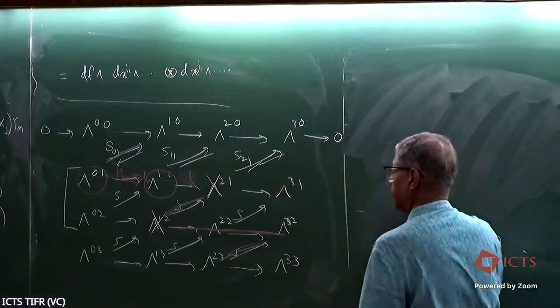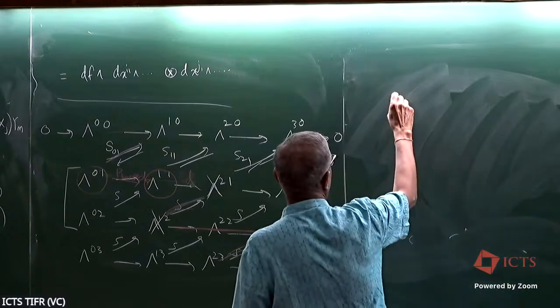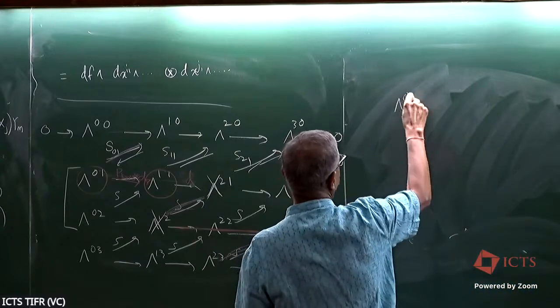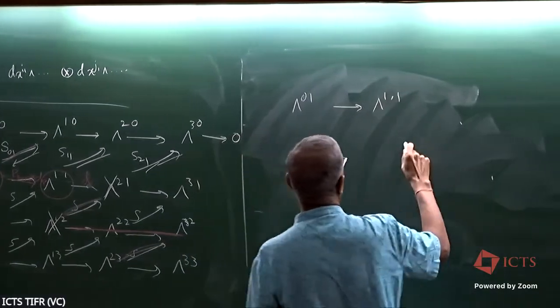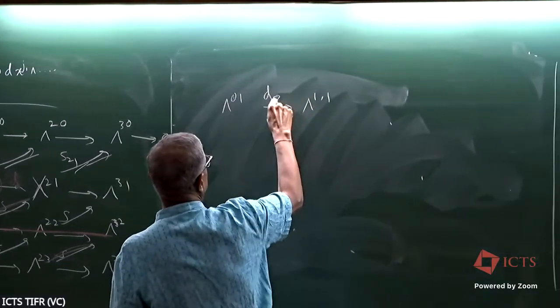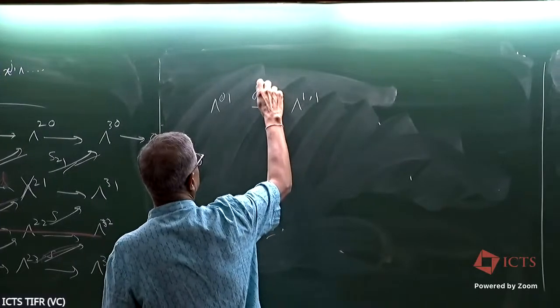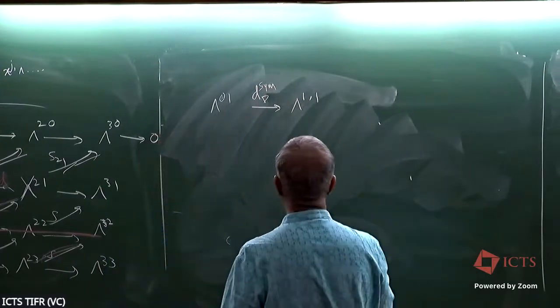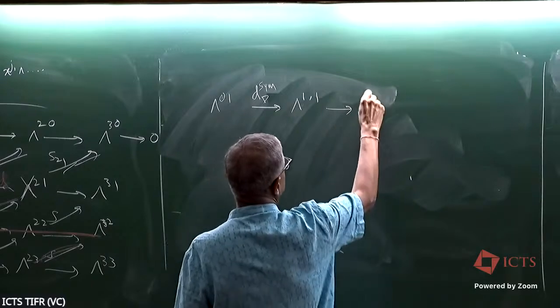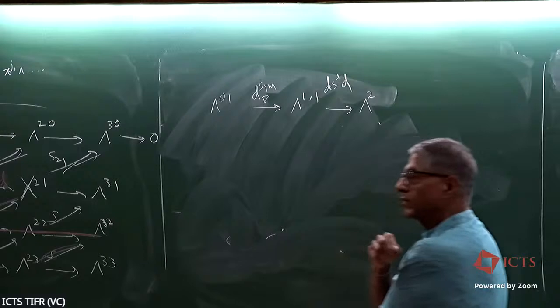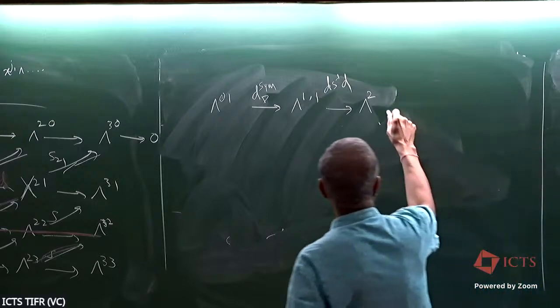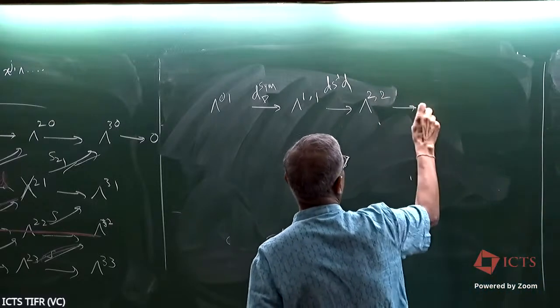So you have 0, 1, 1, 1. This becomes the symmetric gradient. And then this is D, S inverse D. This is the inc operator. And this is 2, 2. And this is the divergence.